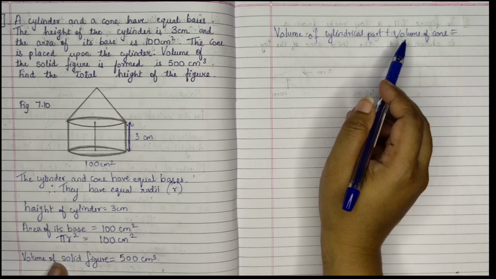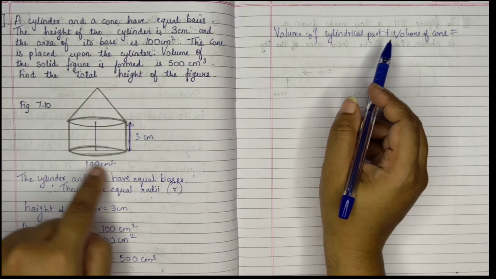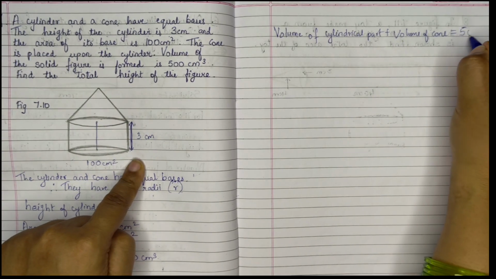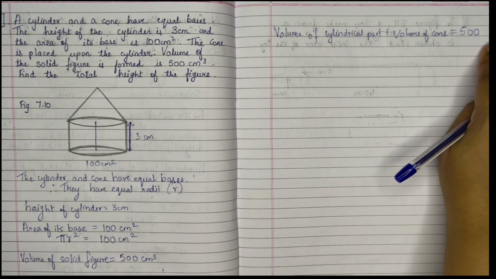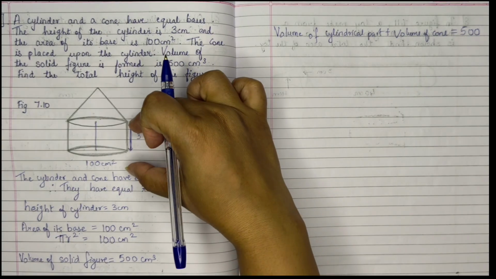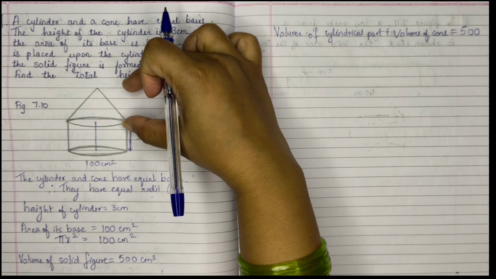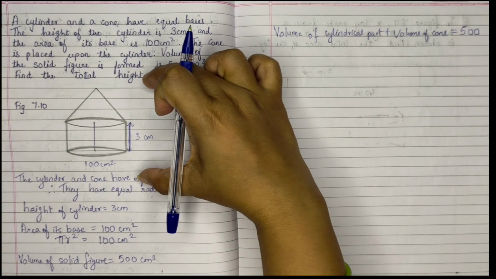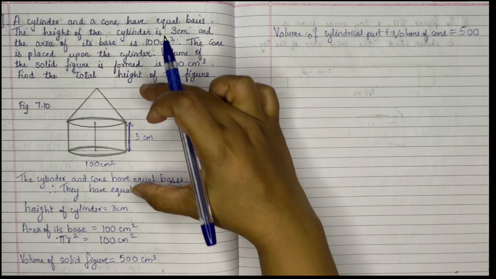They have given you the total volume of the solid figure. The whole volume of the solid figure is 500 cubic centimeters. That means the volume of the cylindrical part plus the volume of the cone is equal to 500. That is the total volume of the figure.